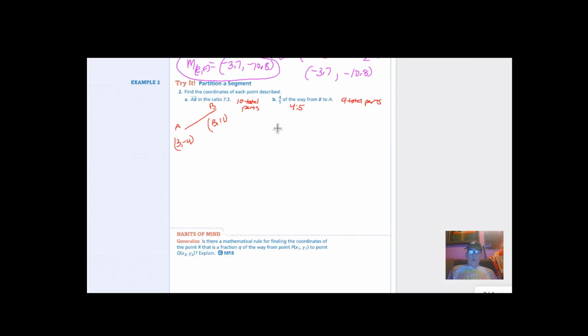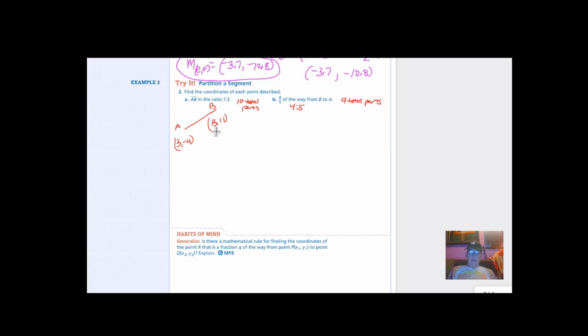Okay, so for part A, we want the ratio of 7 to 3, so we want really 7/10 of the way from A to B. So if this was 10 parts, we want 7 of those parts.